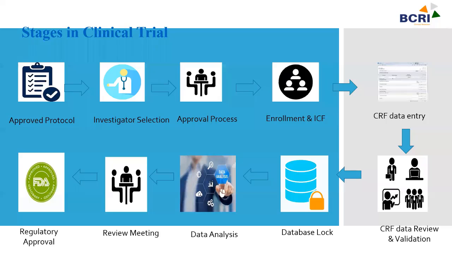After the data analysis, there is a review meeting from the sponsor end, and then they will file for FDA approval. At the end of phase 3, they will submit it for the approval process from the regulatory body, the government body. So these are the different stages in a clinical trial.